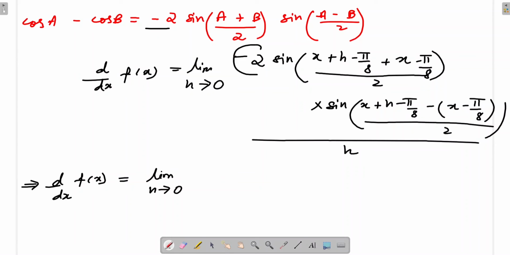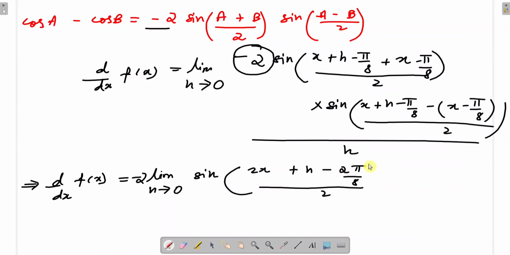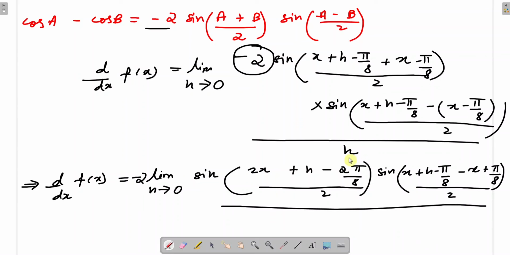This is the constant, we can take it out, minus 2, and so sine of x plus x is 2x, then plus h, and then minus pi by 8 minus pi by 8 will be minus 2 times pi by 8, and that is divided by 2, right, and so this will be (x plus h minus pi by 8 minus x plus pi by 8), and then this is divided by 2, and then the whole divided by h here.